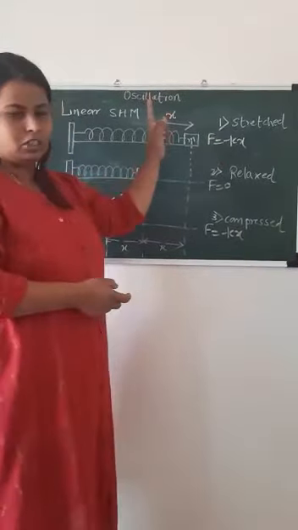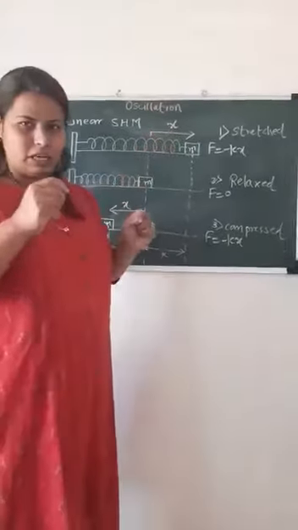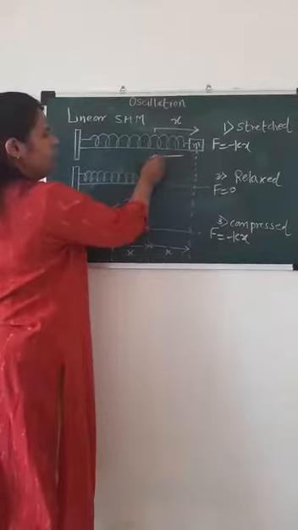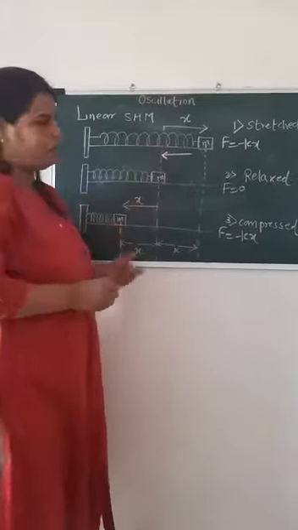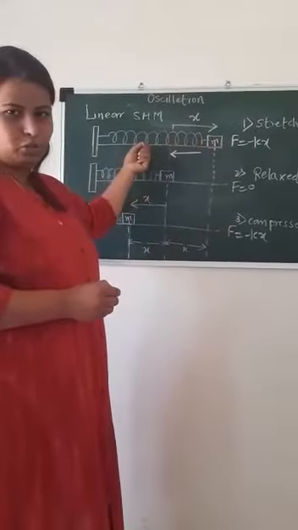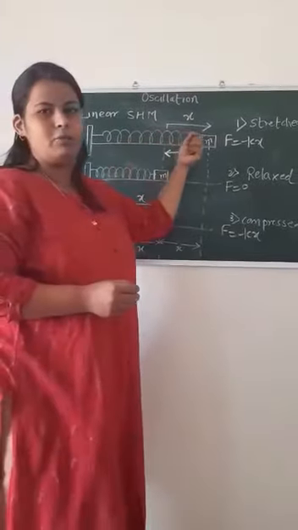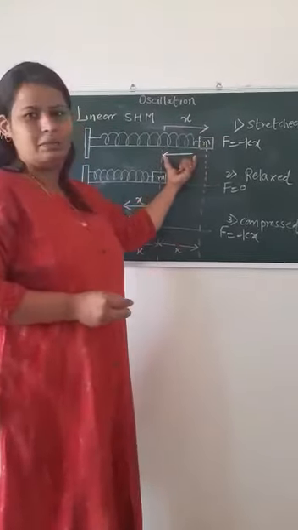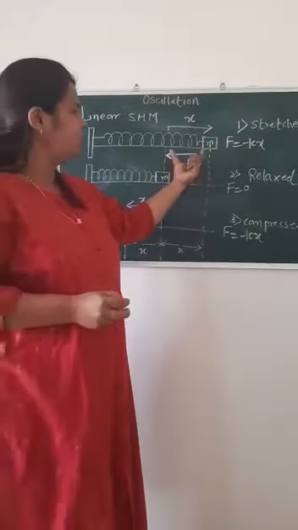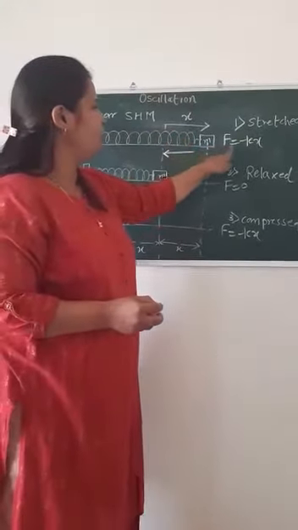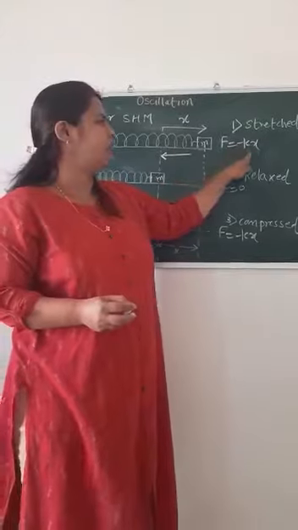If we release that block, the force will be opposite to the applied force and the spring will come back to its original position. This is a property of the spring due to elasticity. This force is nothing but a restoring force, and that force will be F is equal to minus kx.